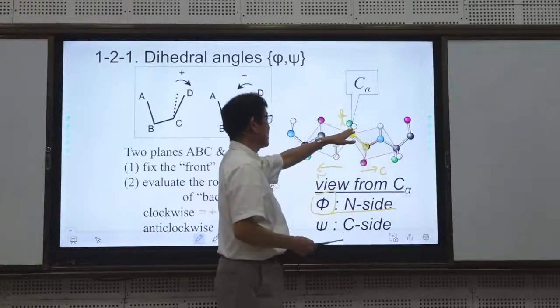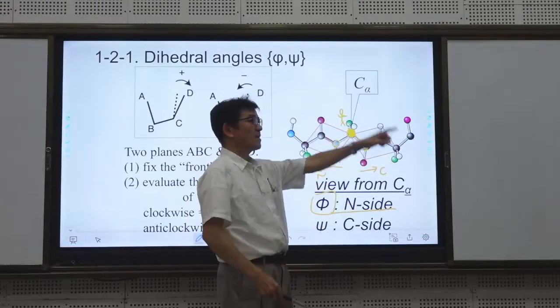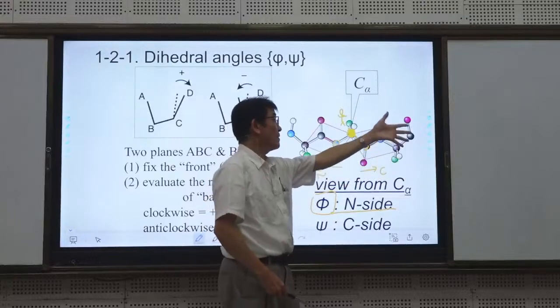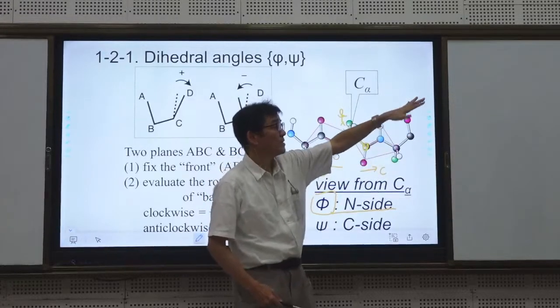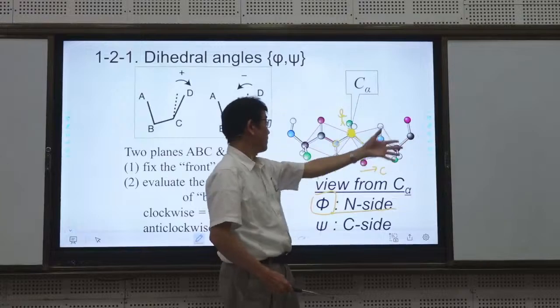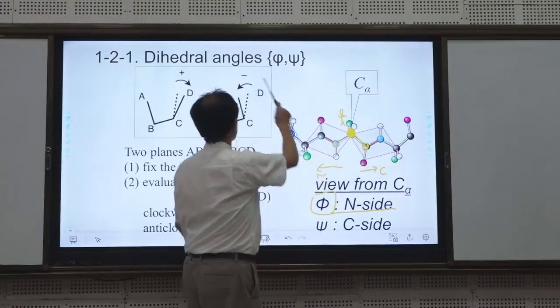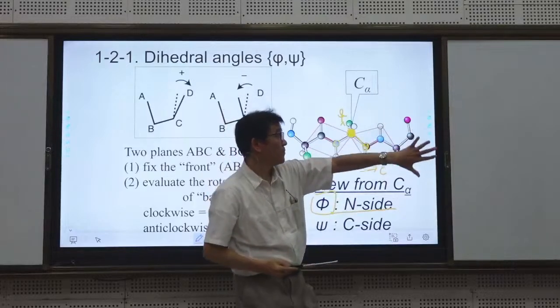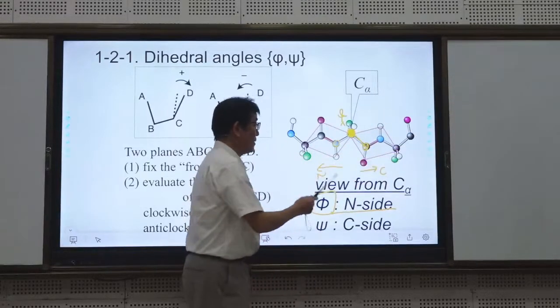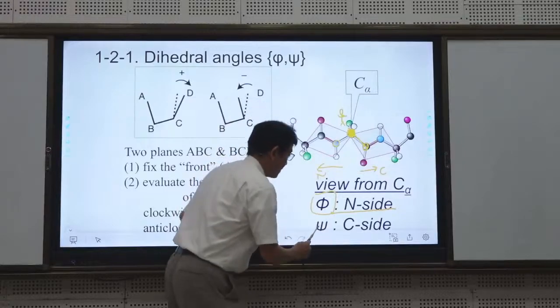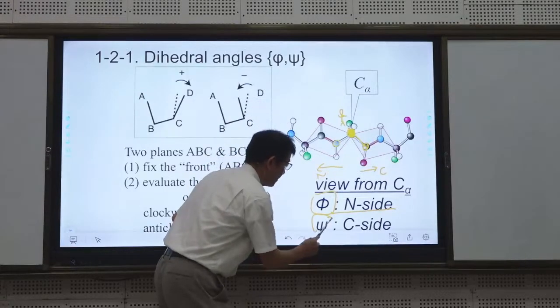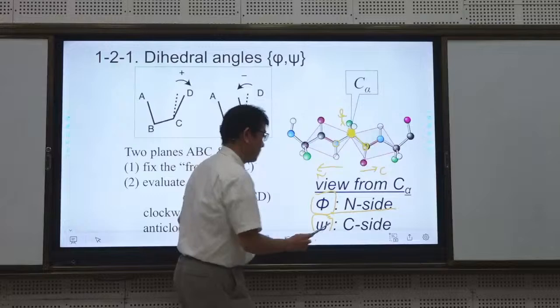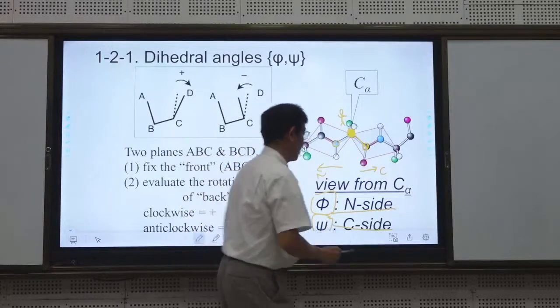Also, please stand on this carbon. Let's see the carbon side. Then this plane rotates. Okay? Then we can define the dihedral angle for this plane. It's rotating. Then we can use the parameter psi for the C side.